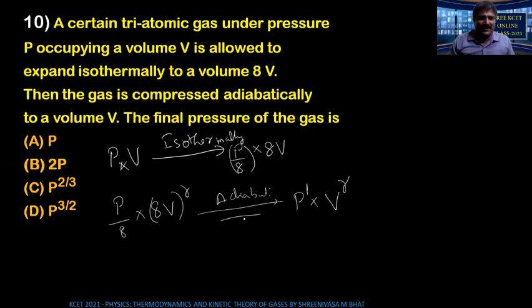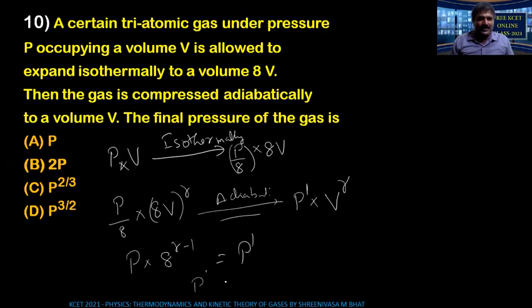Now you have to simplify this equation to get the P dash value. Simple: P by 8 power gamma, and V power gamma on the RHS cancels. So P dash equals P into 8 power gamma minus 1.